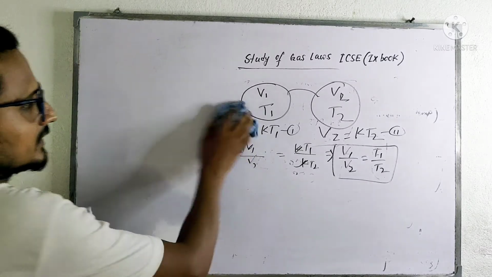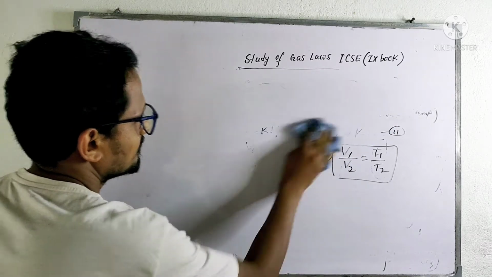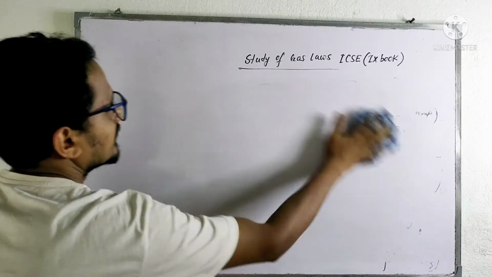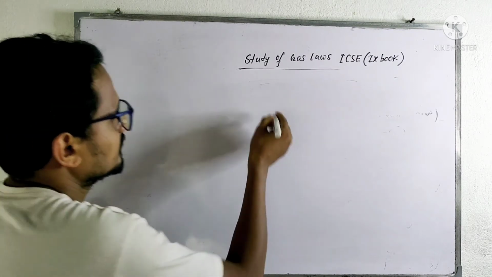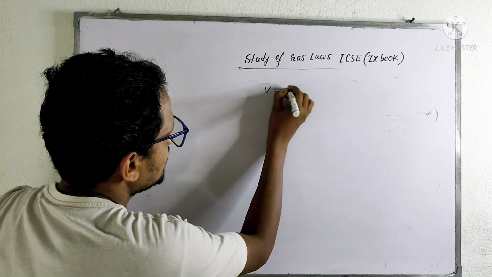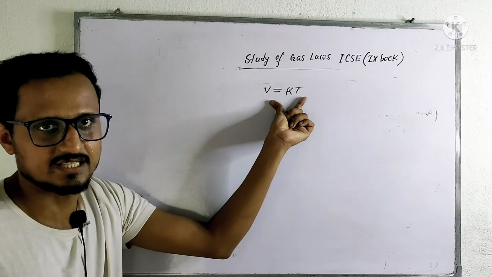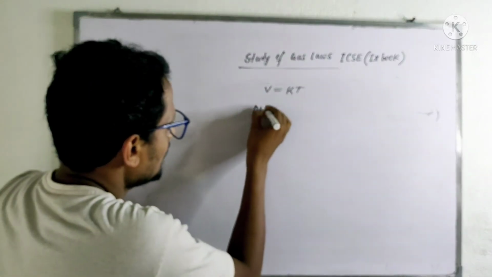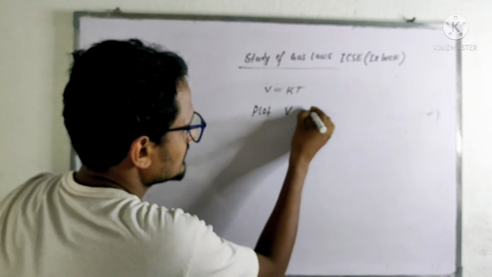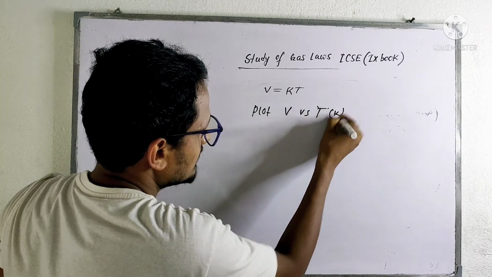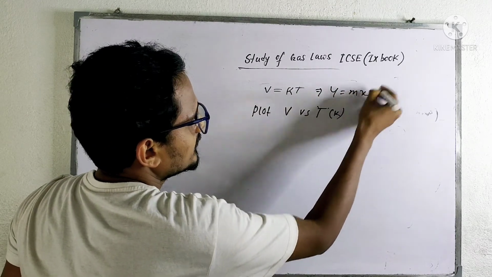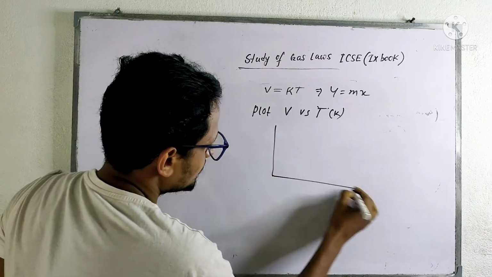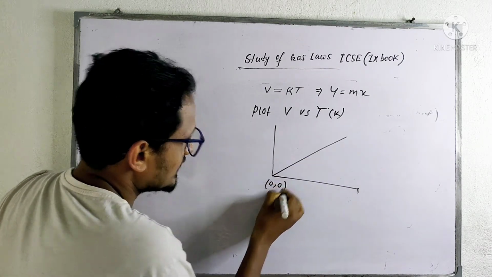Now from here we can plot a curve for Charles law. For V versus T, we have seen V equals KT. So if we plot volume versus T in Kelvin, we can compare this with y equals mx plus c, and it will be a straight line from the origin, because there is no intercept.